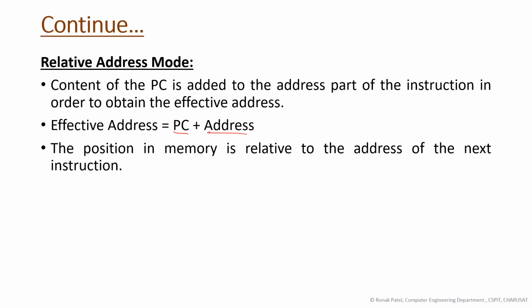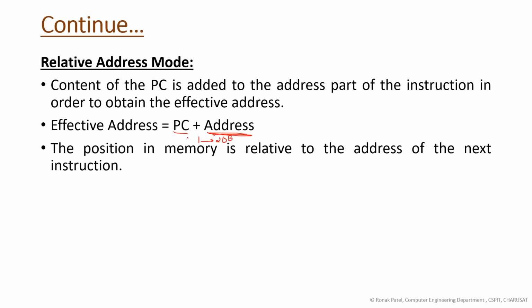So you see, you are specifying the address in the address field. Suppose it's a 20. So it says that if it is a byte, the effective address is 20 bytes after the next instruction.